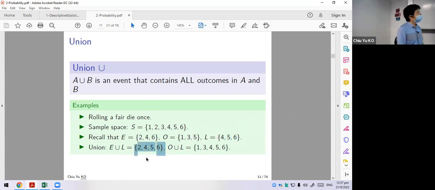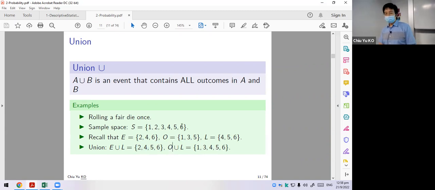Because of the definition of a set, if you have the same element, you can just take it out. So 2, 4, 6, 4, 5, 6: you don't need to repeat 4 again because to the set it's the same. When I have this curly bracket set definition, repetition has no meaning. So you just combine them together. And O union L, you put everything in both O and L, and done.